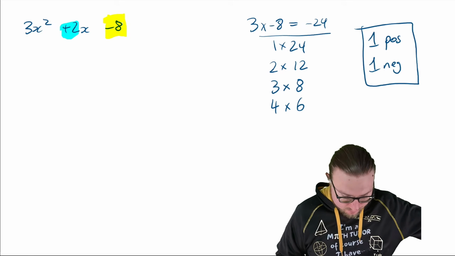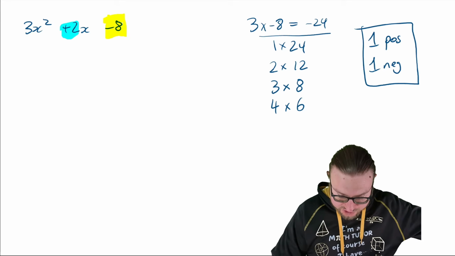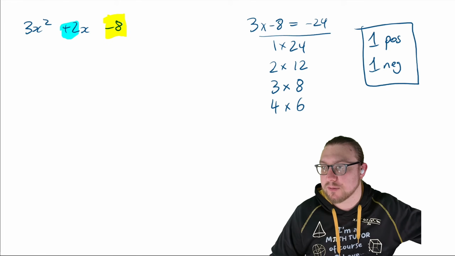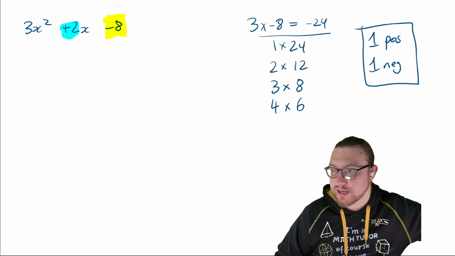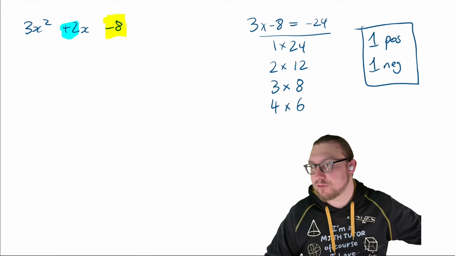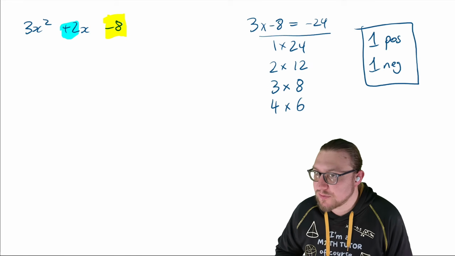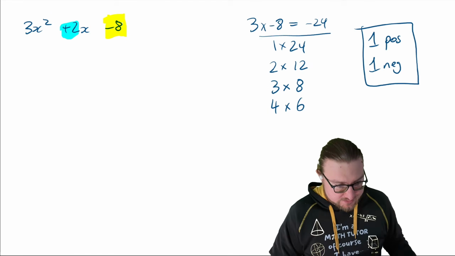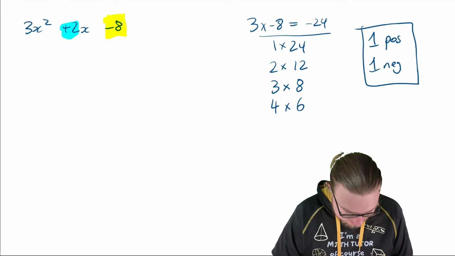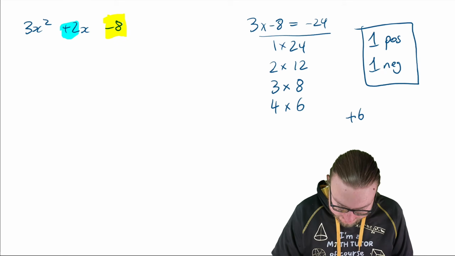So we need to get to 2. If we go 1 and 24, we can't really do anything. 1 minus 24 or 24 minus 1 is not going to be 2. It's going to be 4 and 6 here, right? So we're going to have a +6 and we're going to have a -4.